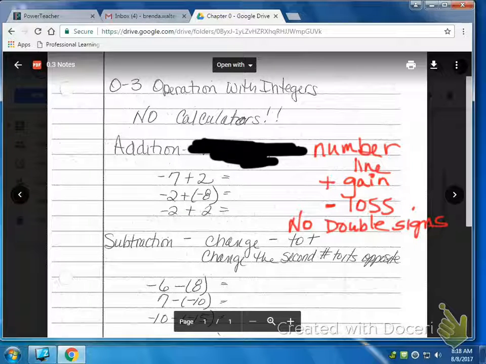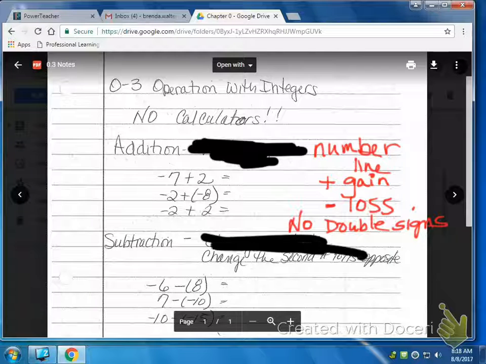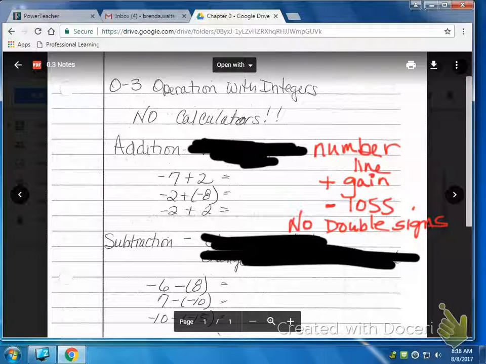I'm probably going to have you mark that out too. No double signs, okay? If you see a problem with a double sign, right off the bat, you get rid of that. Double signs just confuse people.